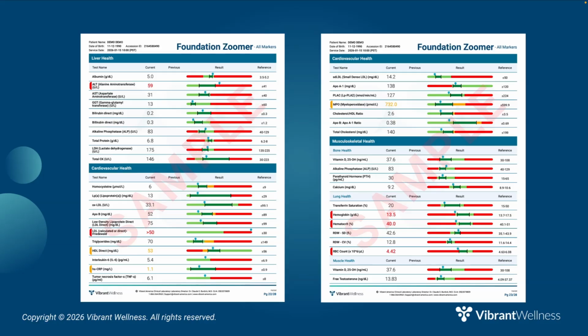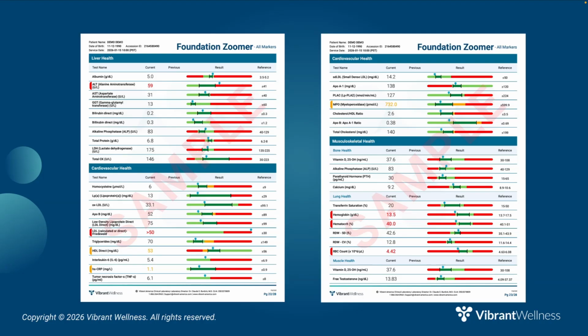The cardiovascular health markers include total cholesterol, HDL, LDL, triglycerides, and hs-CRP, but also ApoB, which represents the number of atherogenic particles, small dense LDL, which more easily penetrates the endothelium, stays in circulation longer, and signals a metabolic-driven atherogenic pattern, Lp(a), a genetically predetermined LDL-like particle that increases thrombosis, inflammation, and plaque formation, PLAC, also known as plaque, an enzyme released by activated macrophages within plaque that tells you what the plaque is doing, not just whether it exists.